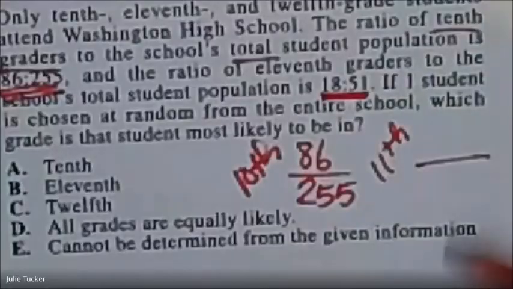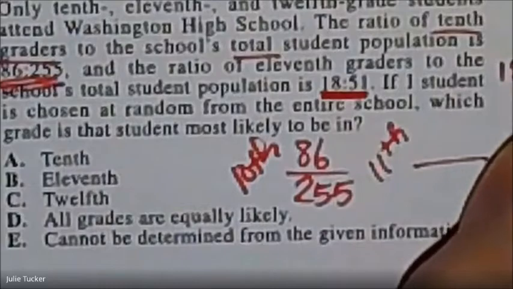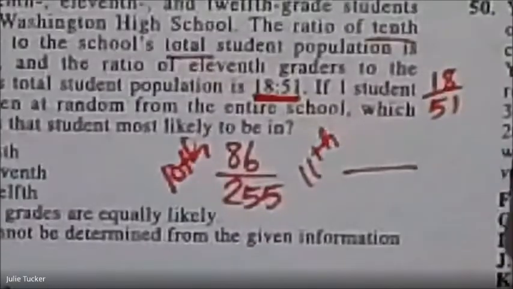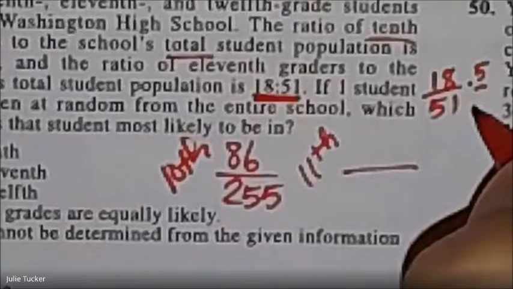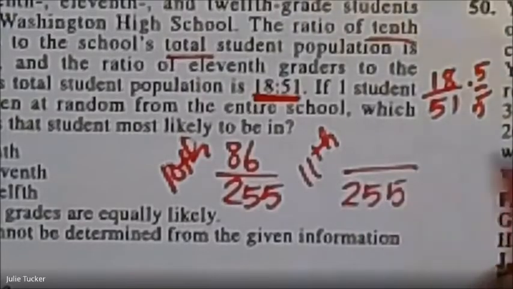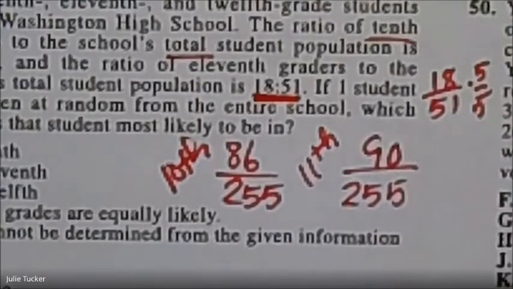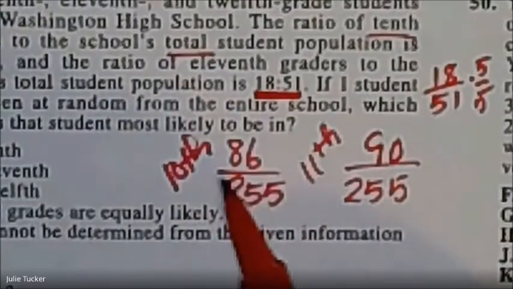So if I want to make them have the same denominator, then I have to take that 18 to 51 fraction and multiply both parts by 5, like a special 1. So then it will have a 255 denominator, and 18 times 5 is 90. You would have to multiply the numerator back by 5. So that means there's more 11th graders than there are 10th graders.